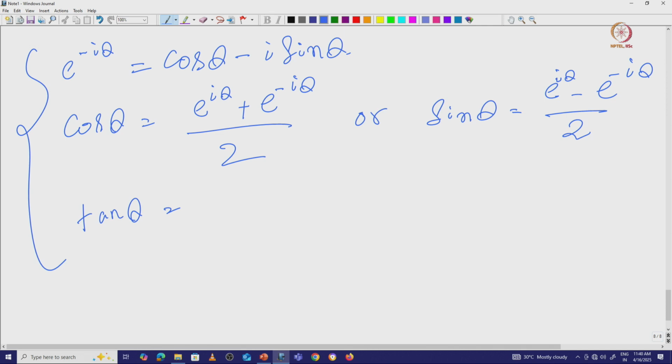Generally, we use the imaginary term to explain the phase, because it is very difficult to know the phase. Amplitude, we can calculate easily.